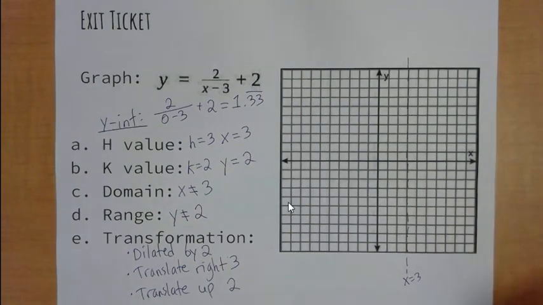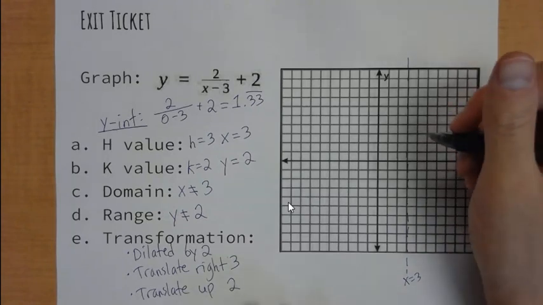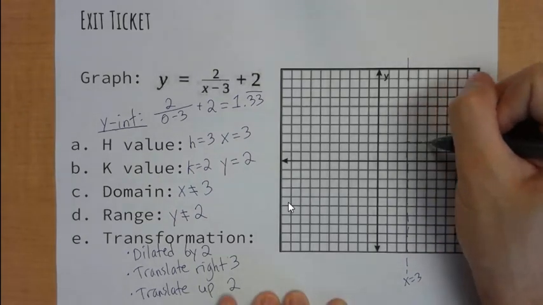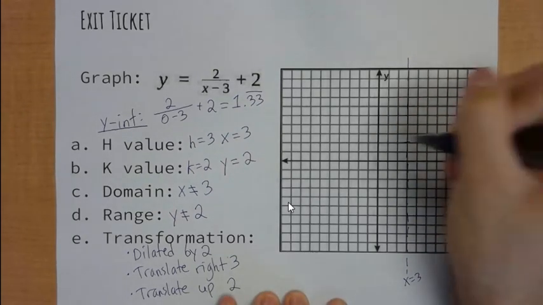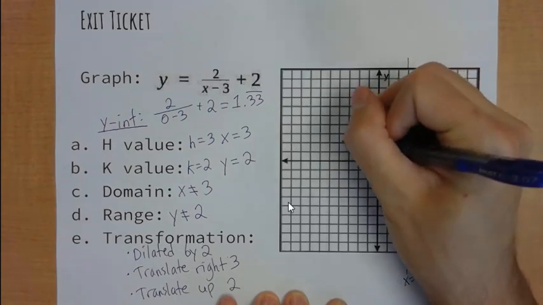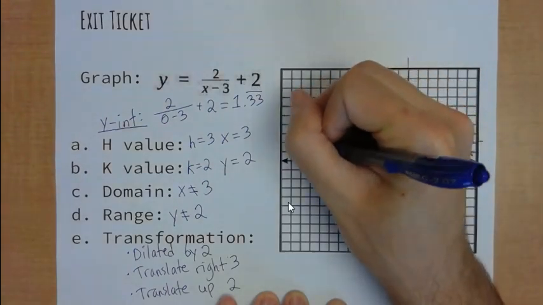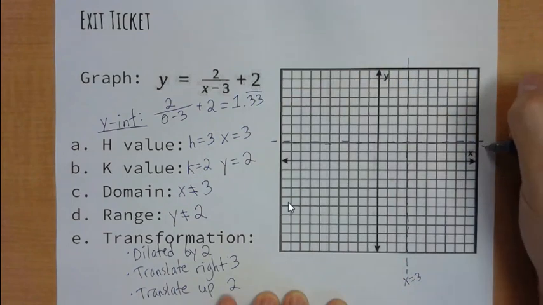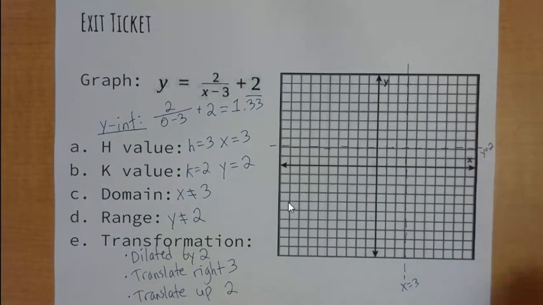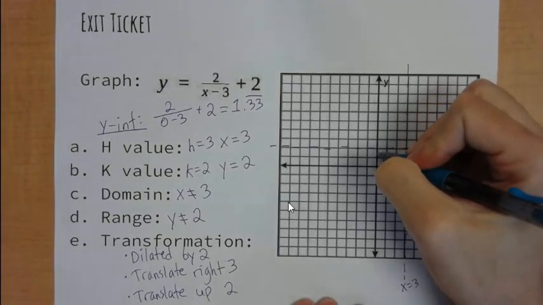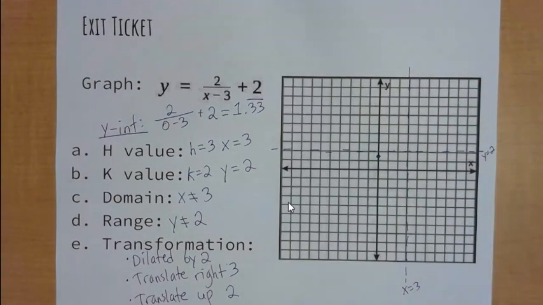And then our y asymptote, or our horizontal asymptote, is at y equals 2. So let's draw it first. And so that's y equals 2, our horizontal asymptote. Our y-intercept was about 1.33, which would be approximately right at that light blue point right there.